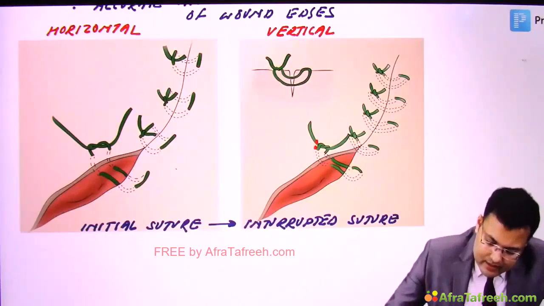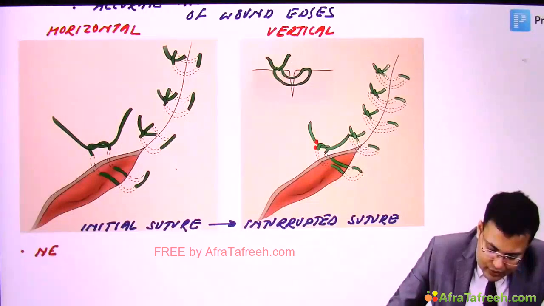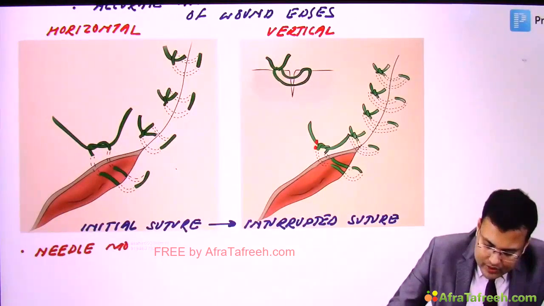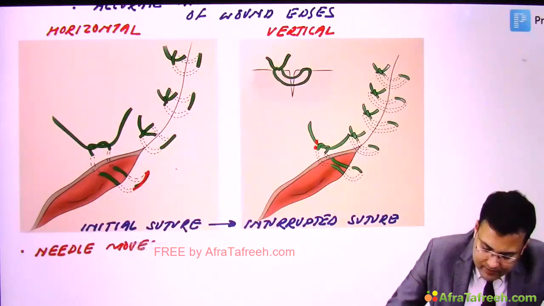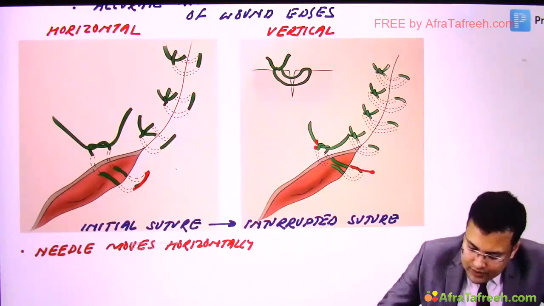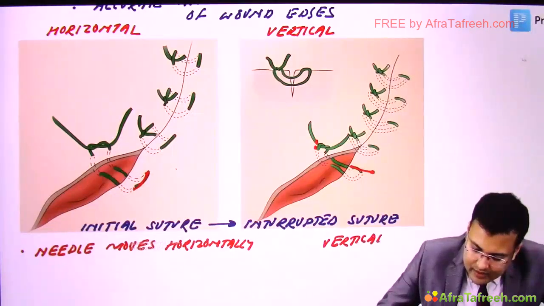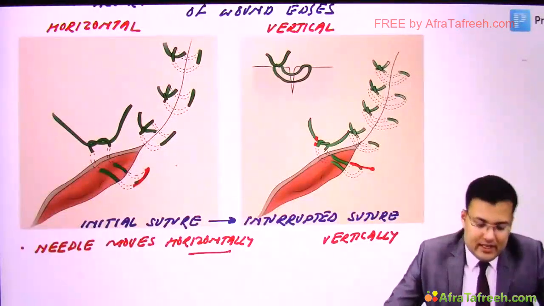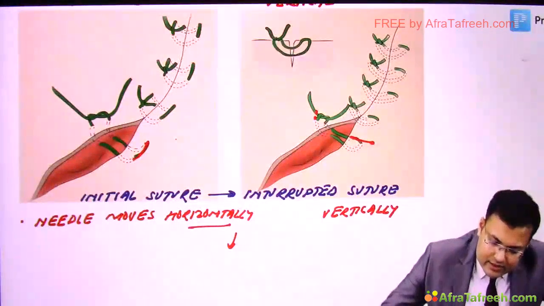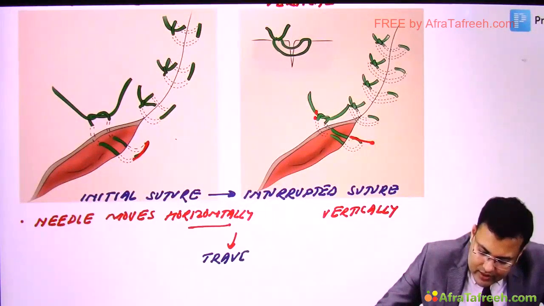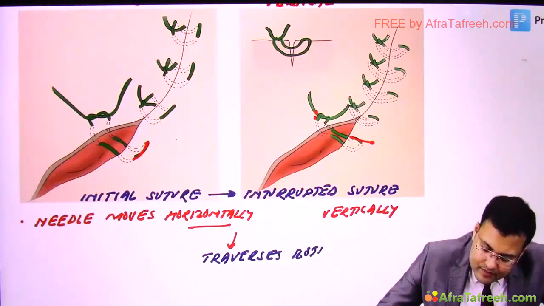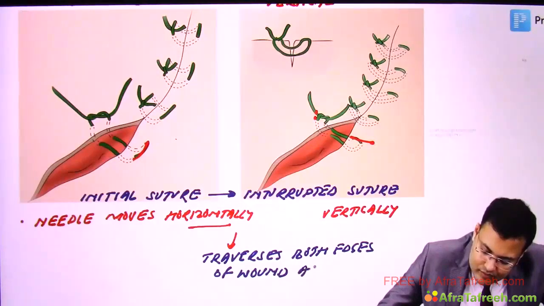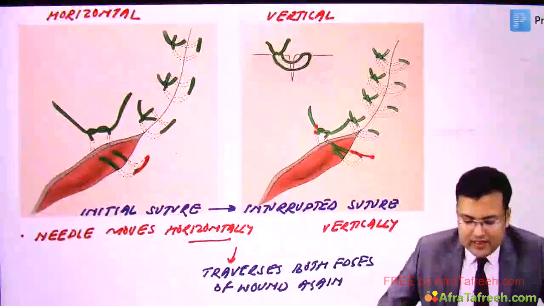In horizontal mattress, the needle moves horizontally, and in vertical mattress, it moves vertically, and then again traverses both edges of the wound. Clear? So this is horizontal mattress and vertical mattress.